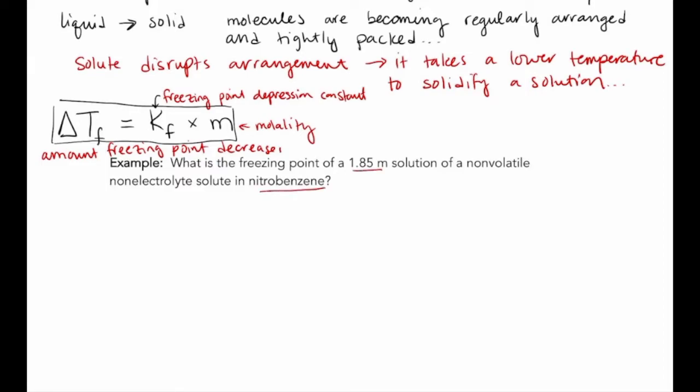So the freezing point of the solution, because it's a freezing point depression, means we're going to take the original freezing point and subtract the change in temperature.